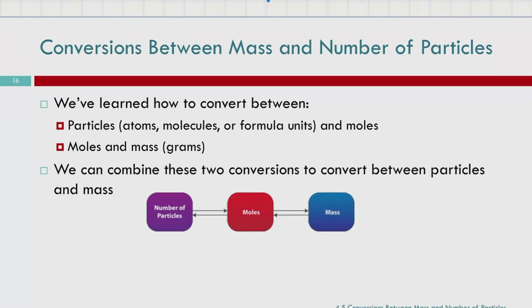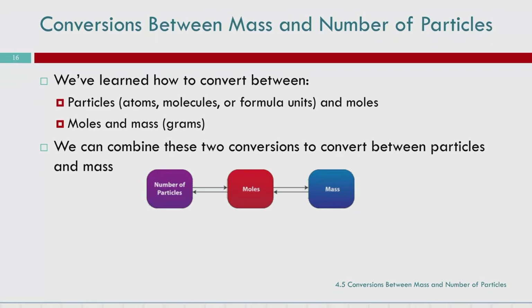Okay, we're going to link these. Going to combine these conversions. So we've learned how to convert between particles, atoms, molecules, or formula units, a smallest piece of a chemical, and moles with Avogadro's number.